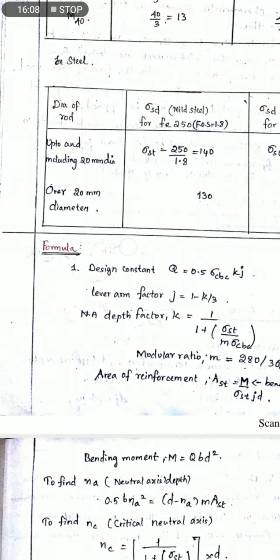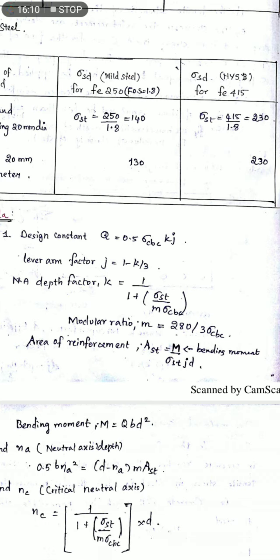Okay, this is the formula for finding the design constants used for designing a slab, that is Q, j, k, then small m and capital Ast. Small m means modular ratio.